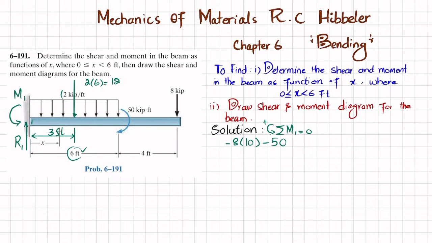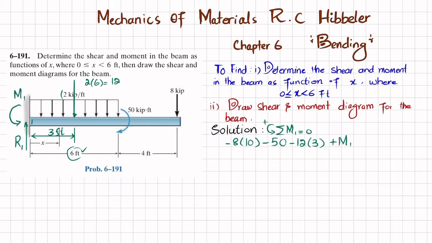The third moment will be due to this 12 kips load, and the perpendicular distance is 3, and this is also producing a clockwise moment, so it will be negative. So I will write minus 12 into 3. And the last moment is this reaction moment, which is counterclockwise M1, and that will be positive.